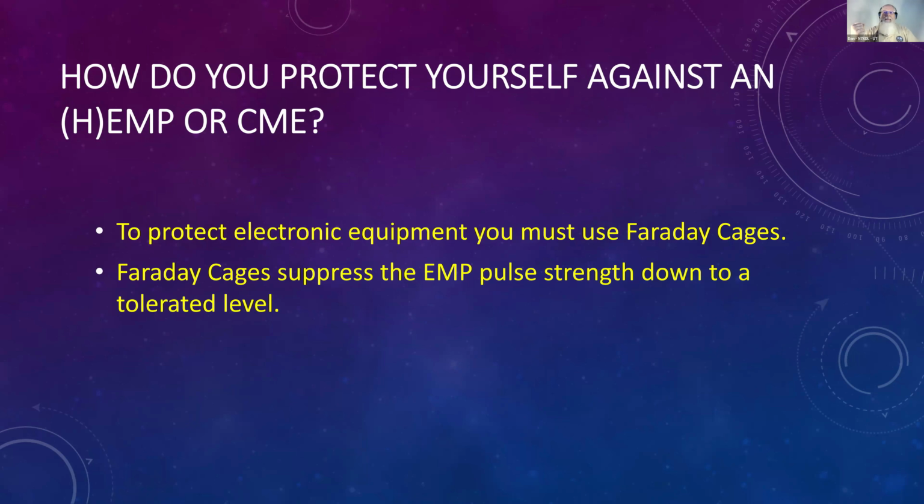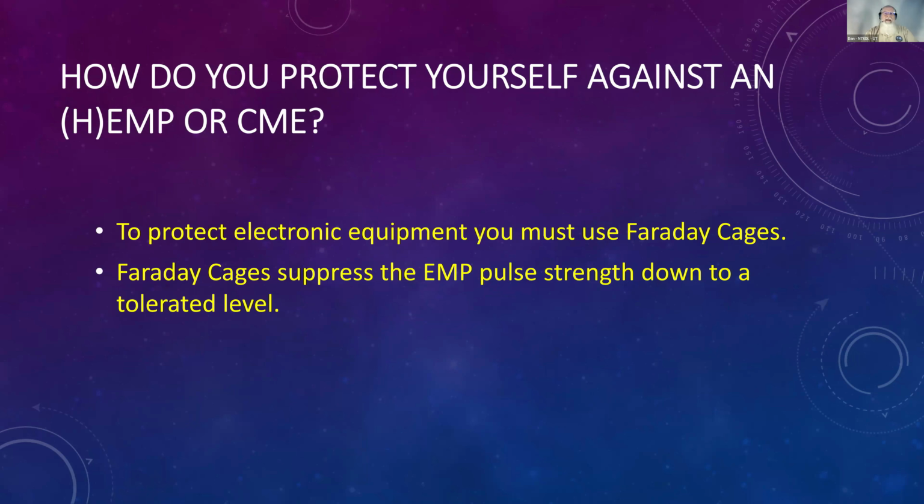And I'm getting to the point in this presentation where it's really another 45 minutes talking in detail about the Faraday cage, and I think I'm going to hold that off for another presentation. I just want to go ahead and finish the discussion and give a brief 60,000 foot view of Faraday cages and how to protect against HEMP or CME.